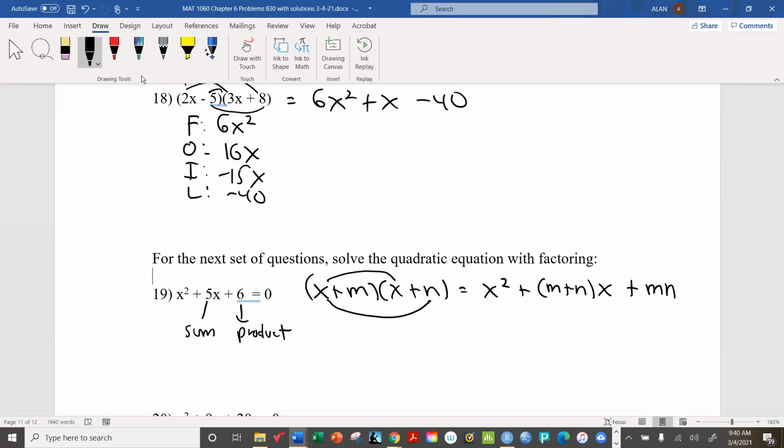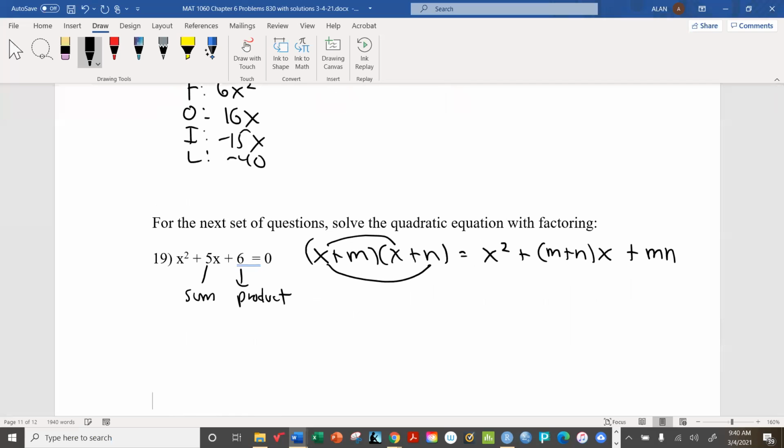So let's try to find that. We can start by writing out all the pairs of integers whose product is 6: 1, 6, -1, -6, 2, 3, -2, -3. Of all of these, only one has a sum of 5, and that would be this one. So the factors are x plus 2 and x plus 3.